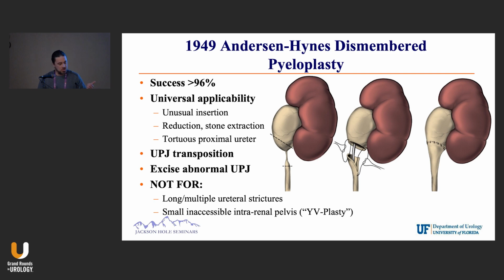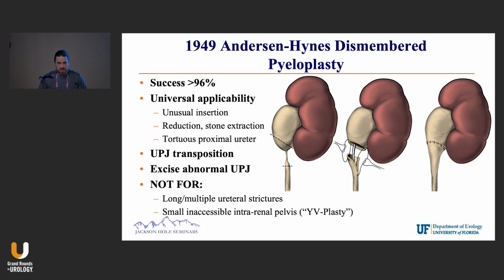You can do any type of ureteral insertion, you can do a reduction of the renal pelvis if necessary, you can put a cystoscope through a port and extract stones. For tortuous proximal ureters, UPJ transpositions, or excising anatomy that looks unusual and sending it to pathology, it really is almost ubiquitous for pyeloplasty nowadays.